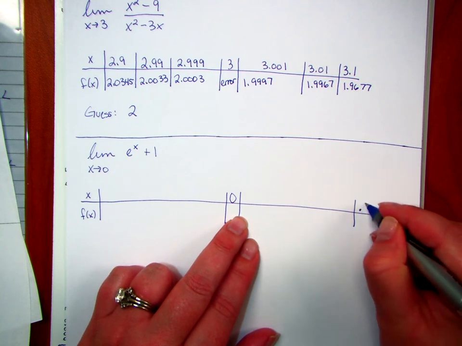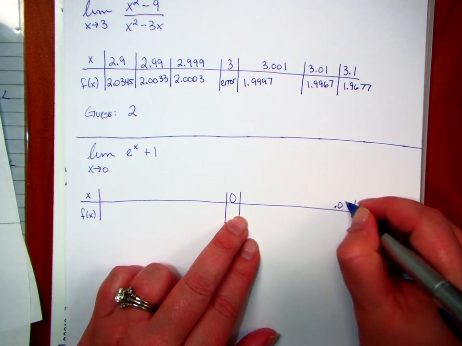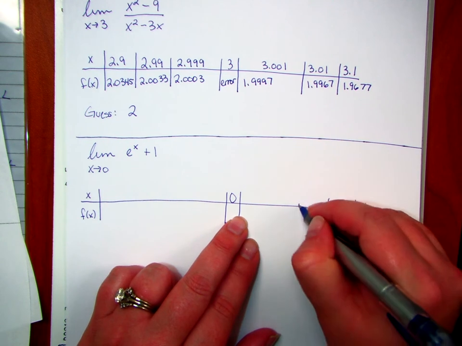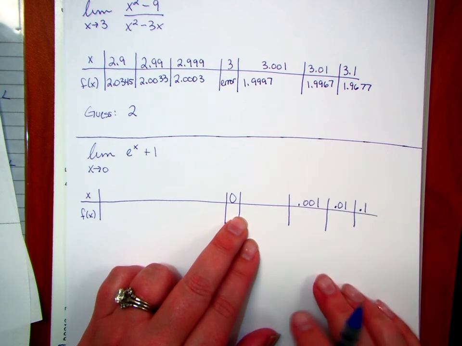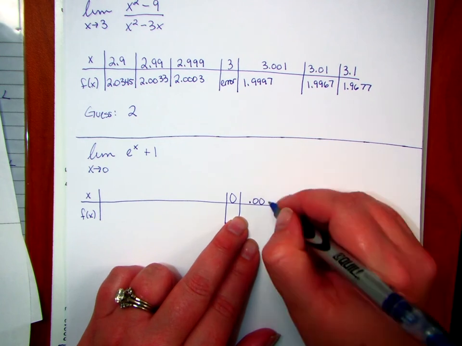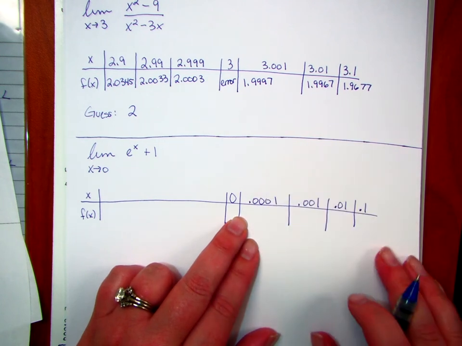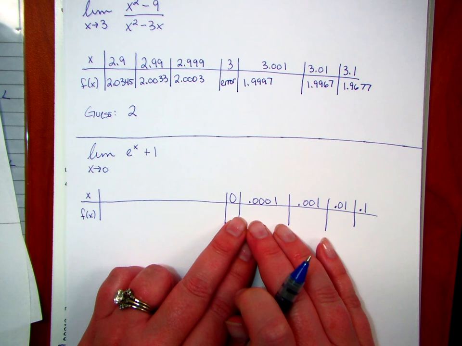So a 10th is 0.1, a 100th is 0.01, a 1,000th is 0.001, and since I have space, I'm going to go ahead and go 1/10,000th away, 0.0001. Right? So we're just adding zeros in front of the 1 to get closer to 0.